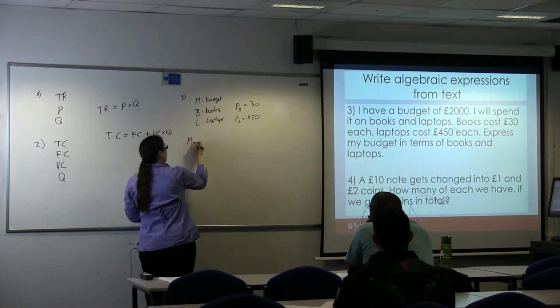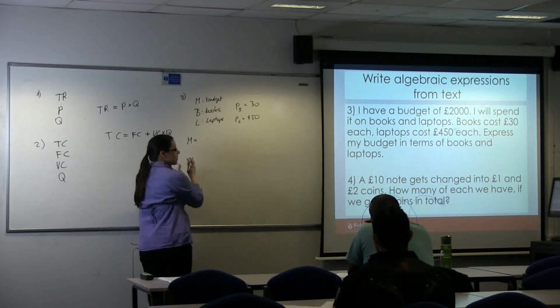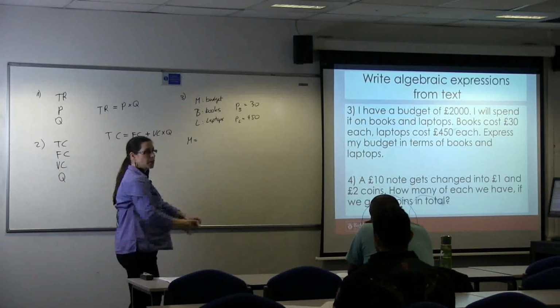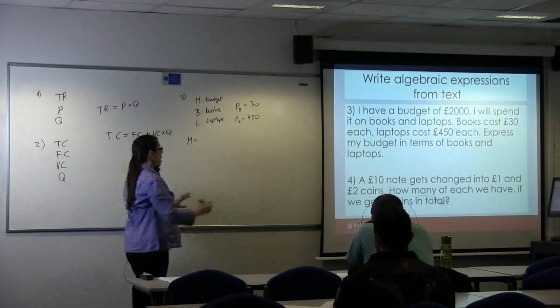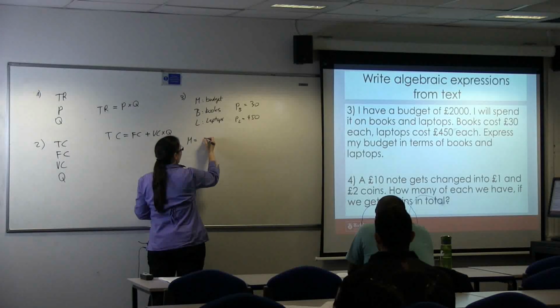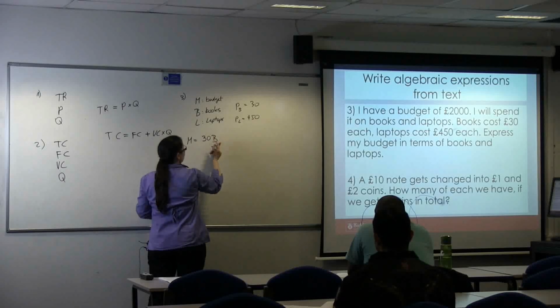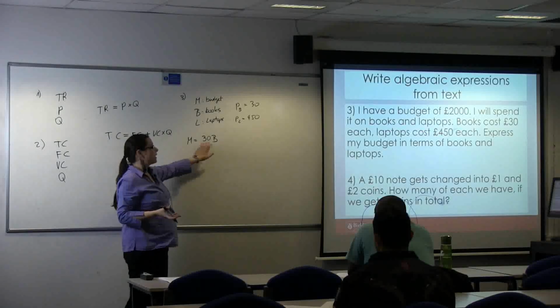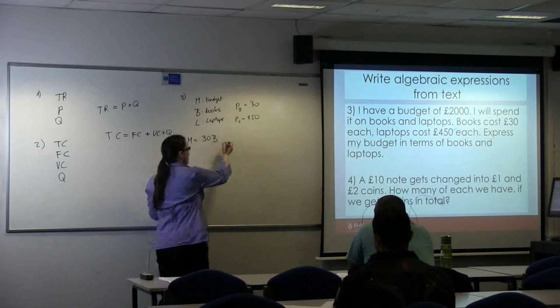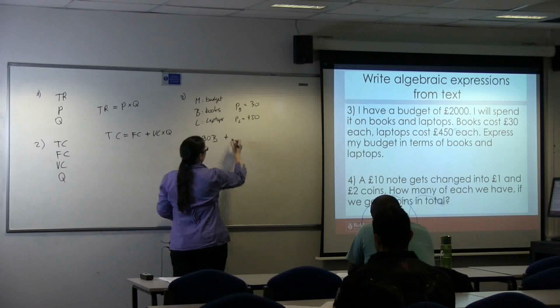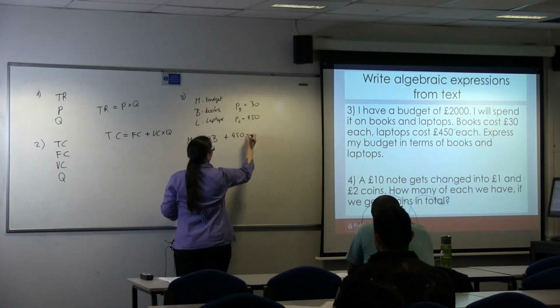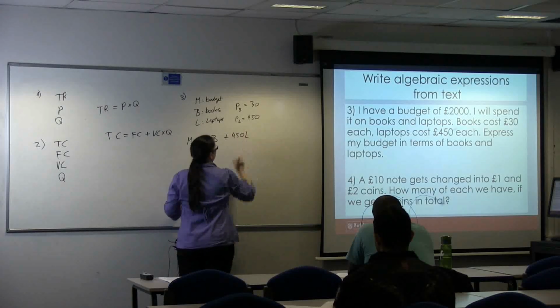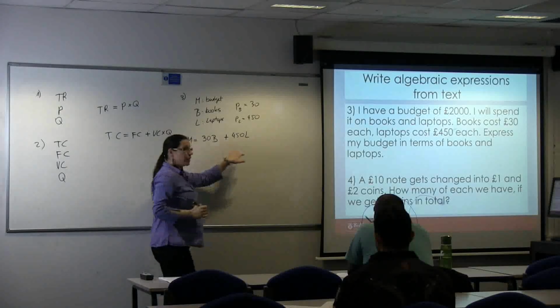Because you know that your budget has to be equal to the sum of what you spend on one product and the other product. And I don't know how many books I buy, but I know that each of them costs £30. So if I buy a number of books, they would cost me 30 times that number. And if I buy the laptops, they will cost me, each of them, 450.